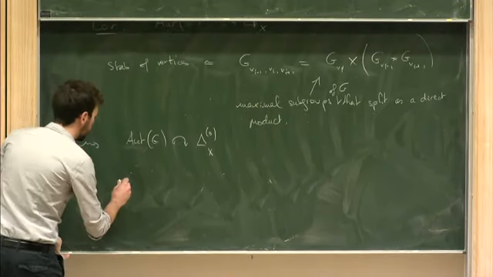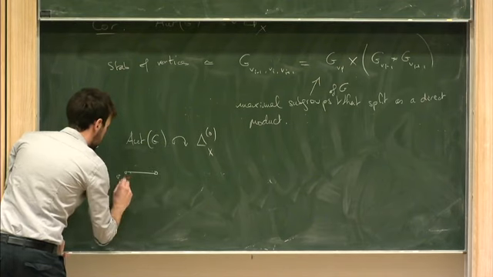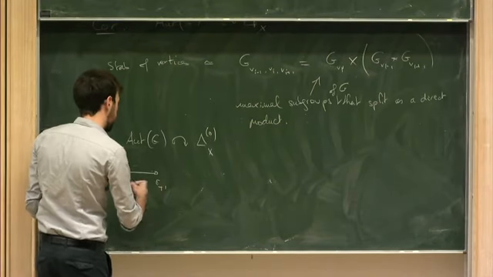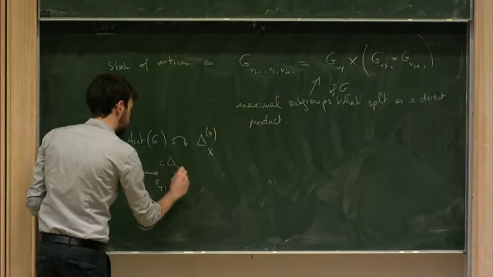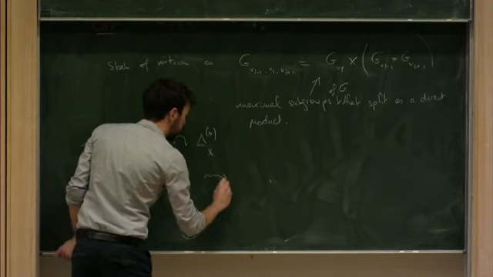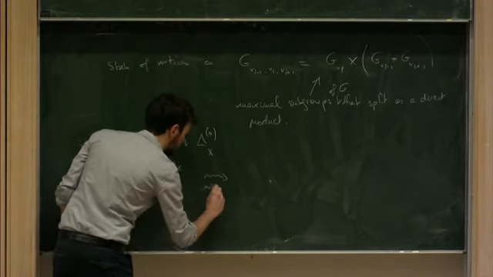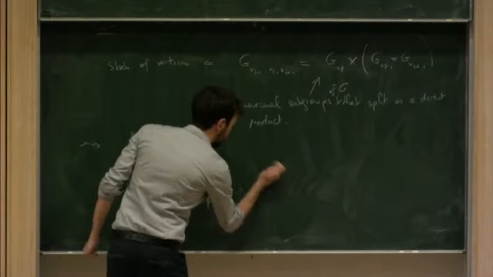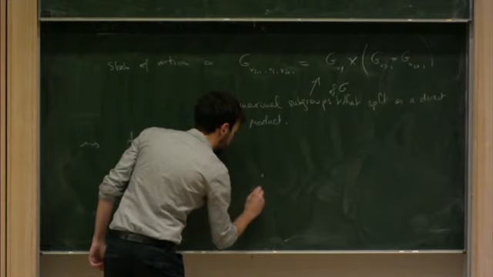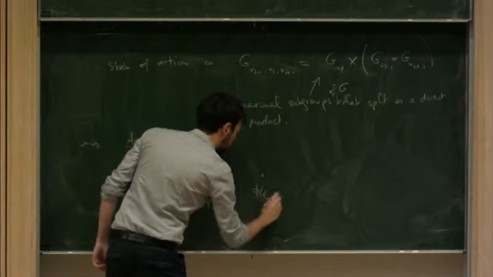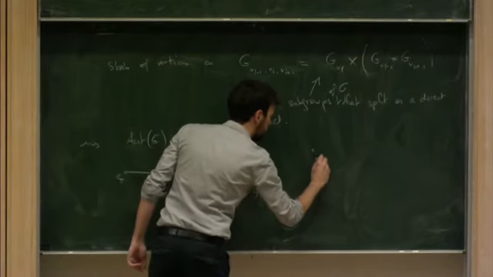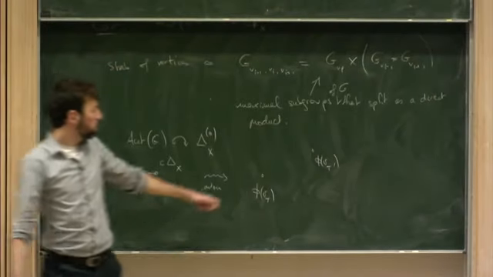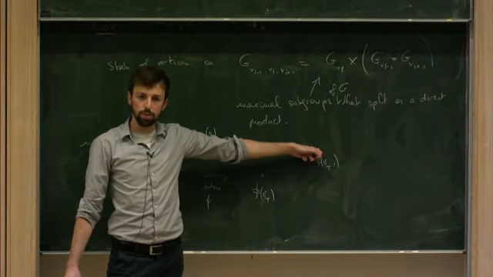Now, if you take two vertices V_T and V_T' joined by an edge in delta x, and take an automorphism phi, it's going to be sent to the vertices phi(V_T) and phi(V_T'), and the game now is to show that those two vertices are actually connected by an edge.